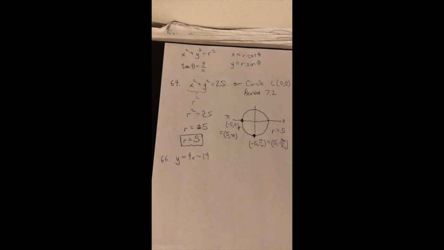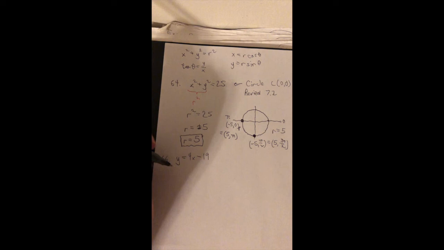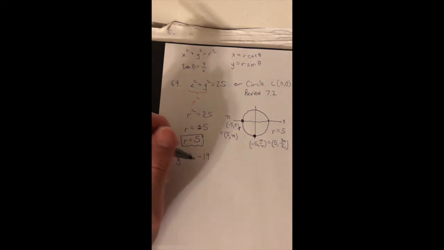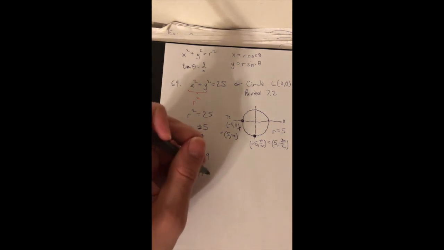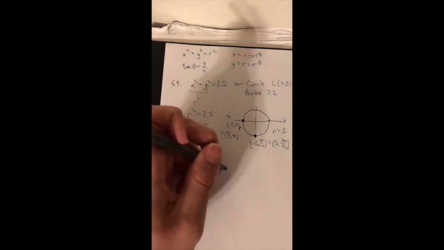Now, from prior algebra class, you recognize this as a line, slope 4, y-intercept negative 19. If I want to convert this into polar coordinates, I'm going to replace the y and the x by expressions with r and theta. So I'm going to use y equals r sine theta and x equals r cosine theta.